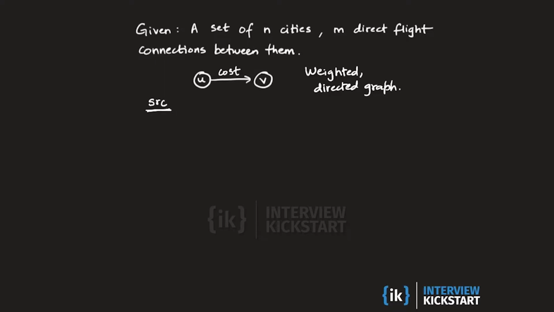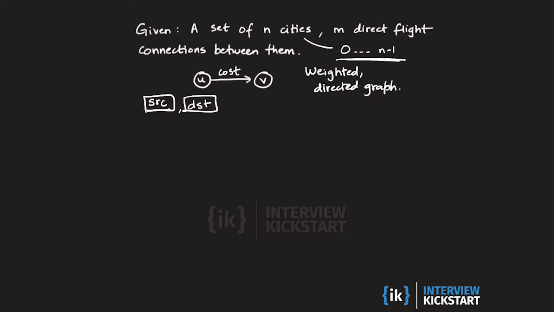So let's say that these n cities have IDs, vertex IDs from 0 to n minus 1. Again, a convenient set of IDs. And one of these IDs is designated as the source. So the source vertex is an integer from 0 to n minus 1. We are also given a destination ID. So again, the destination ID belongs to this range from 0 to n minus 1.